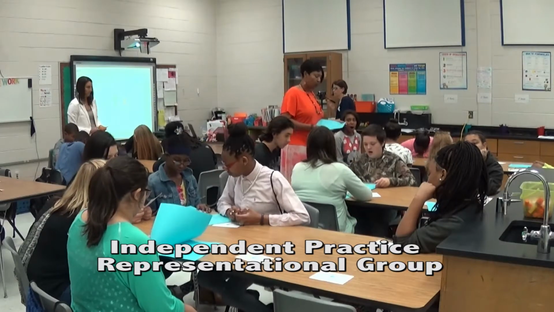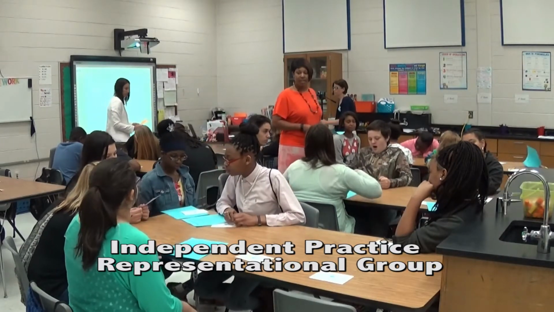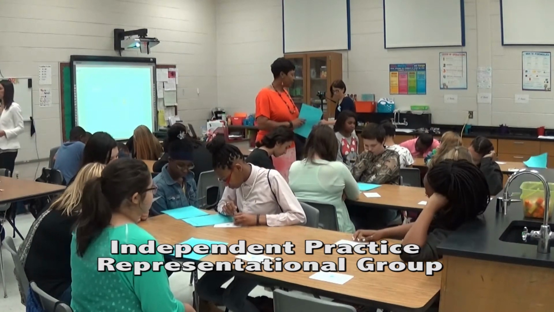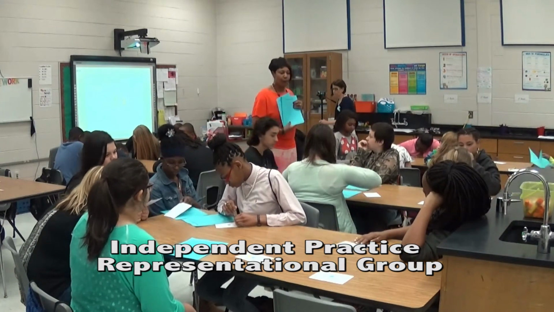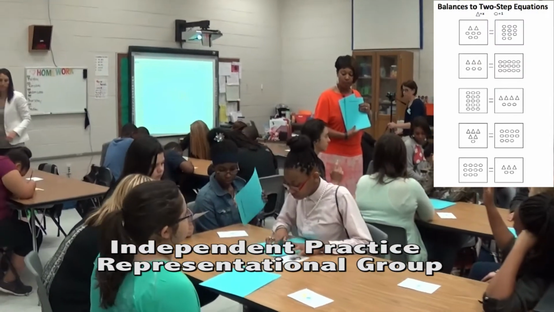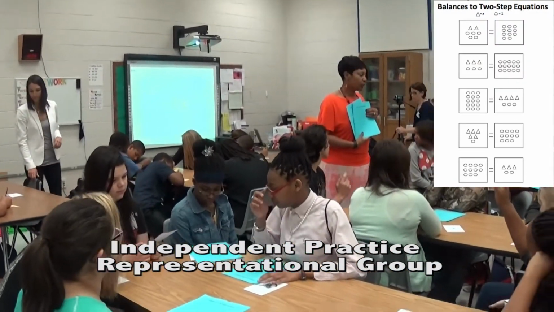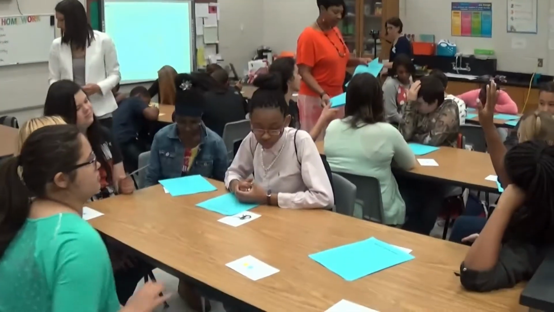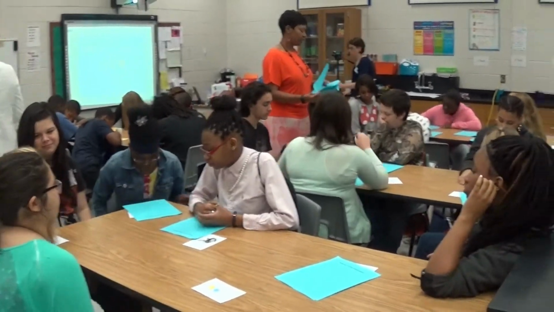You're going to solve one-step equations using representations. Everybody has a sheet in front of them. On the first sheet, we show the representations, and you're going to solve them just like you did on the board. Everybody turn to the second sheet.